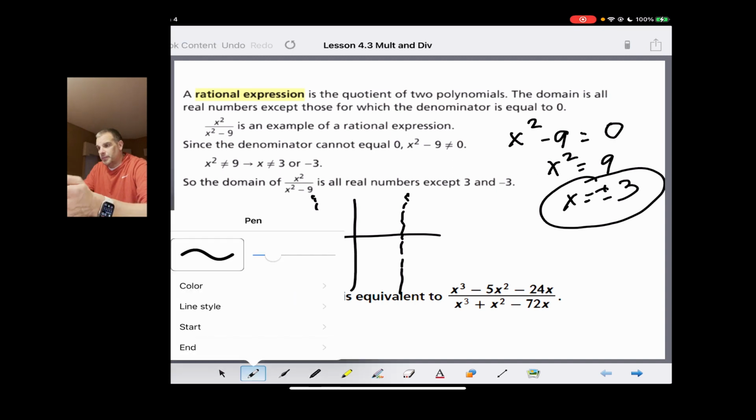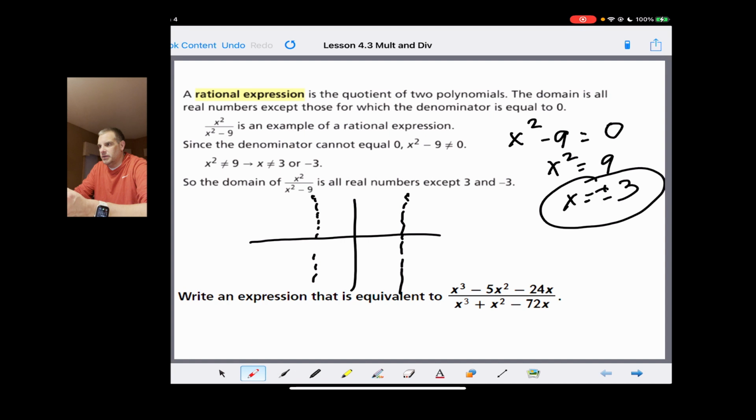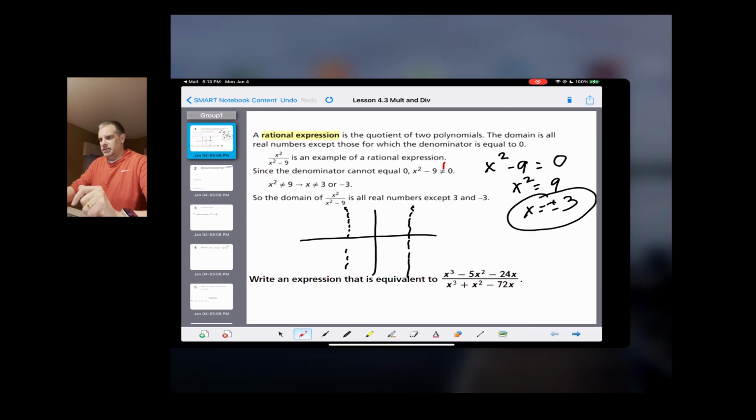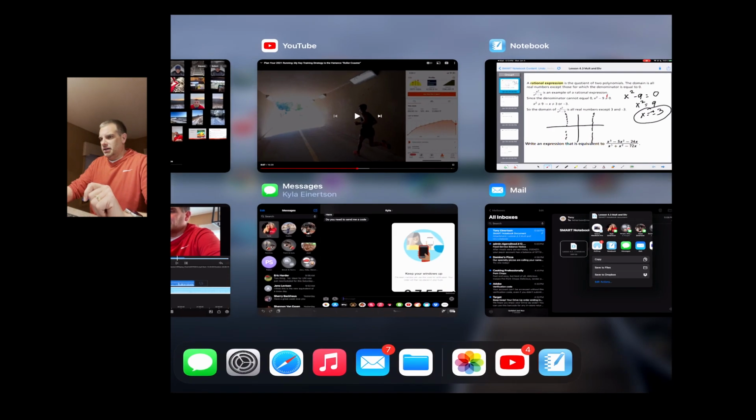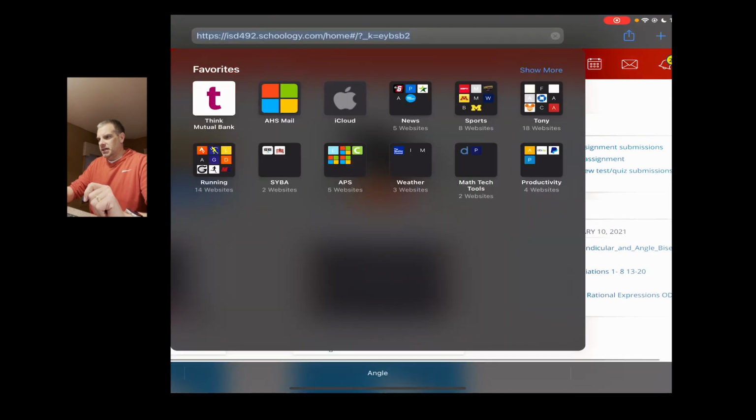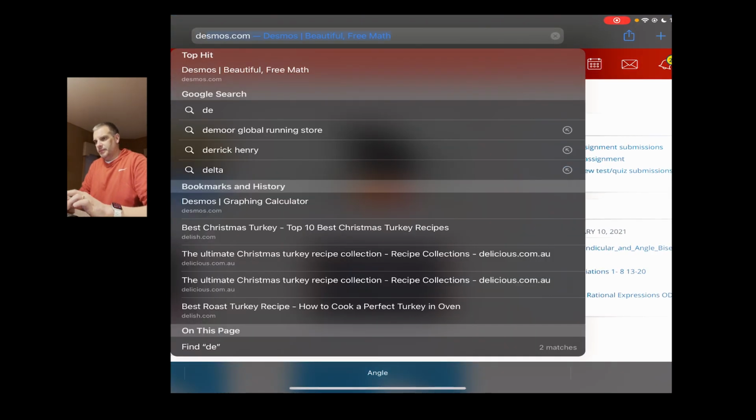We're not going to worry too much about the graphing of this, but instead of guessing what it looks like, let's go ahead and see what it looks like on Desmos.